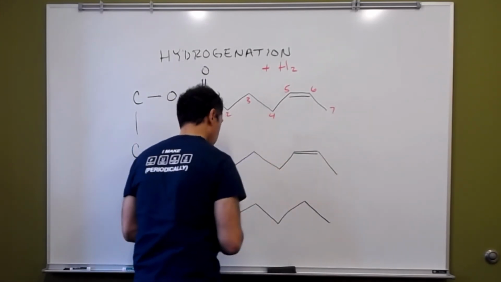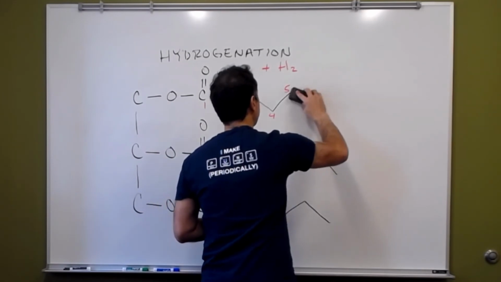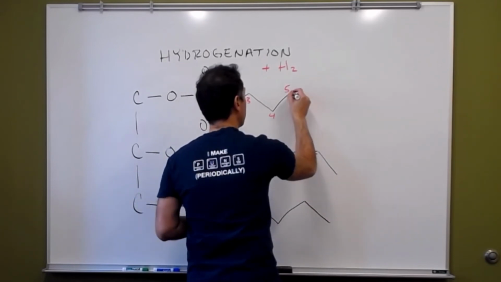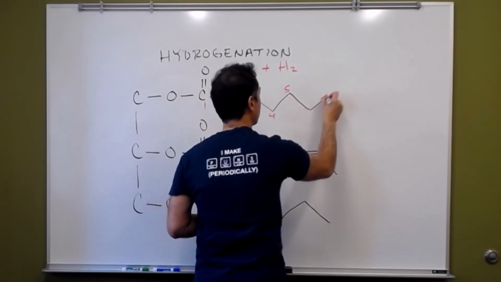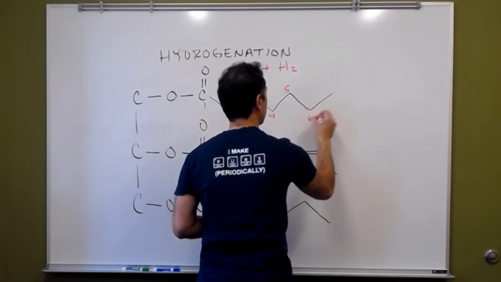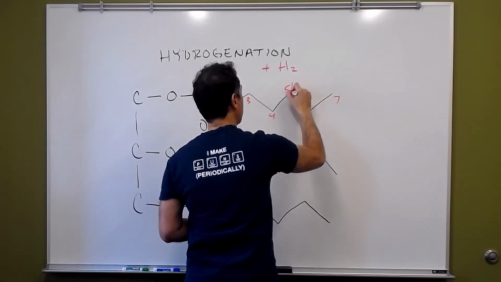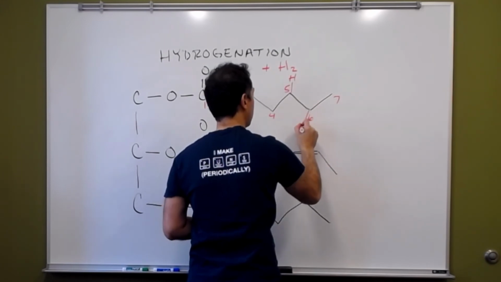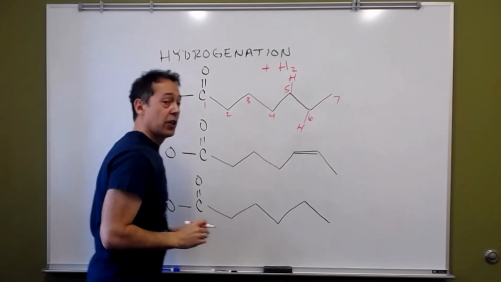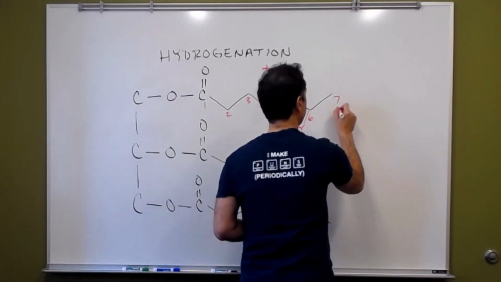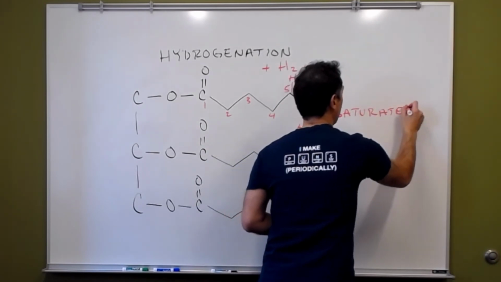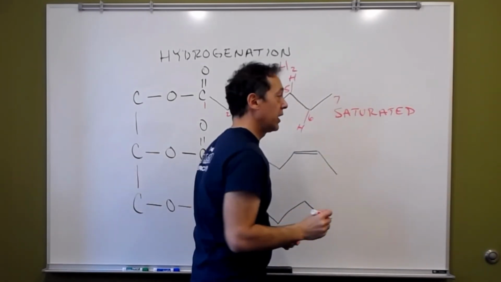So we're going to break this double bond, and we're going to go then 6, 7 like this, okay, and we've added a hydrogen, and we've added a hydrogen here, and we've taken this fatty acid here and we've saturated it. And we would call this a saturated fat.